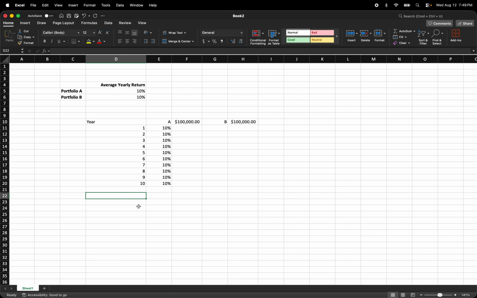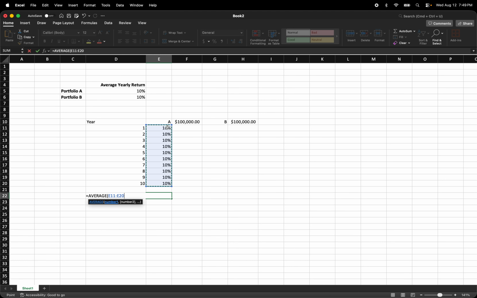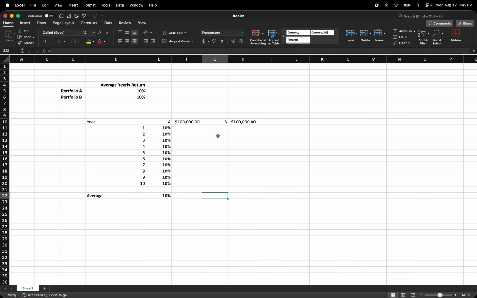If I took the average here, guess what it is? 10%. Wow, that's so crazy. All right, so portfolio B. What I'm trying to demonstrate is that portfolio B can still have a 10% average yearly return, but still lose.